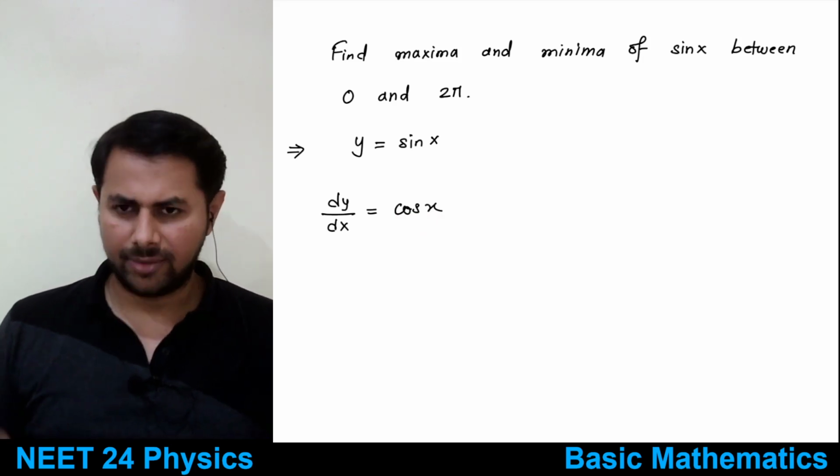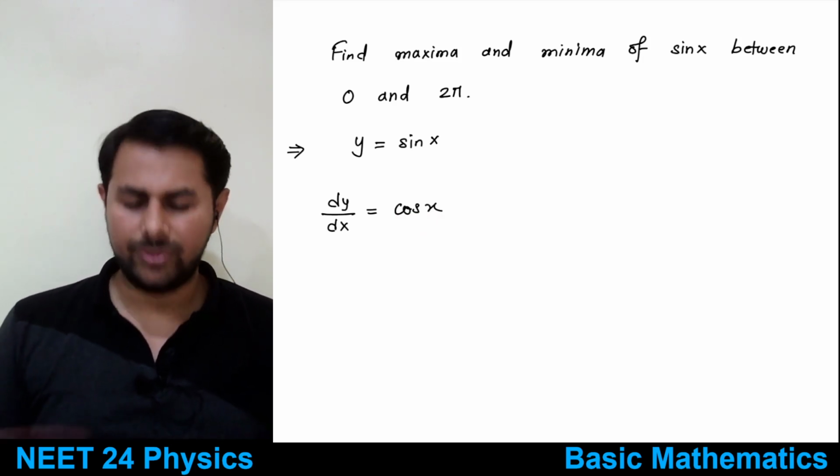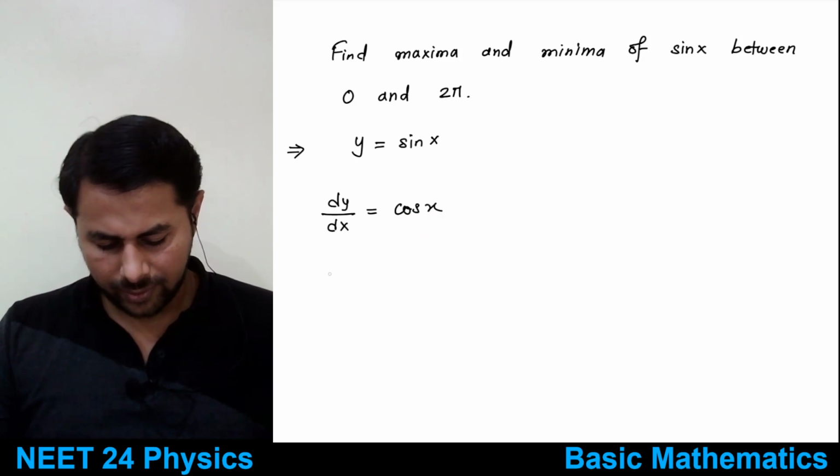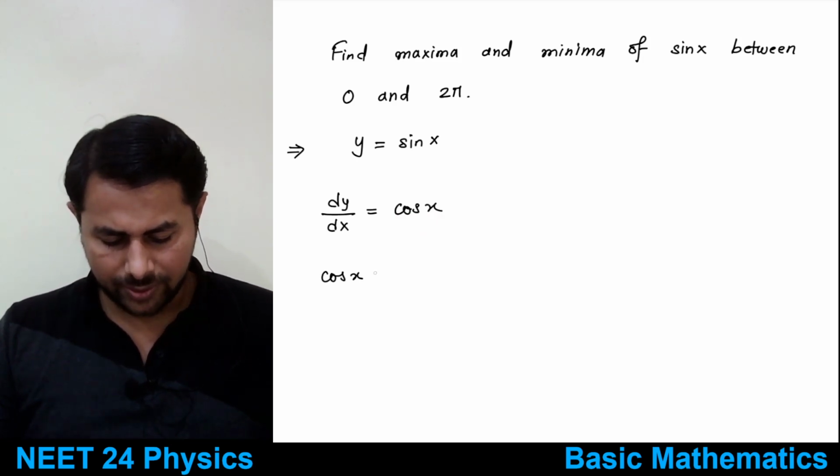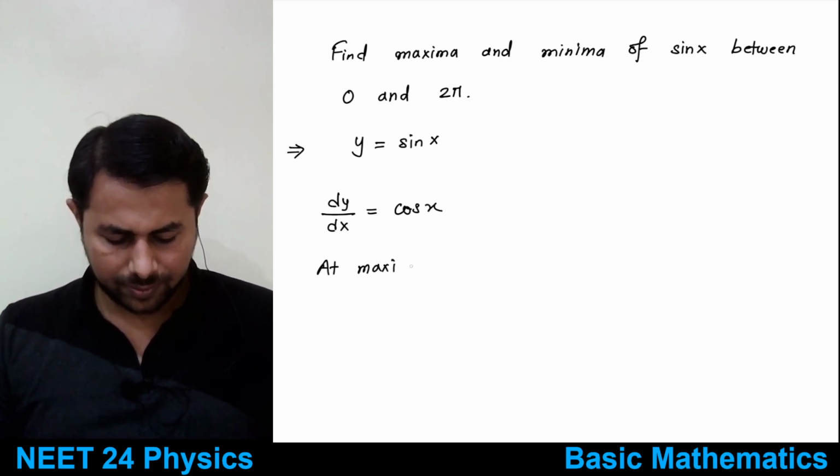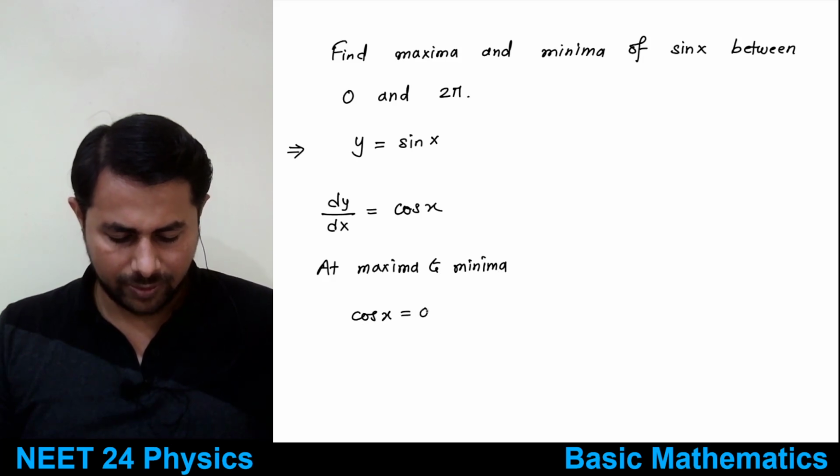At maxima as well as minima, the derivative will be equal to 0. So cos x is equal to 0.